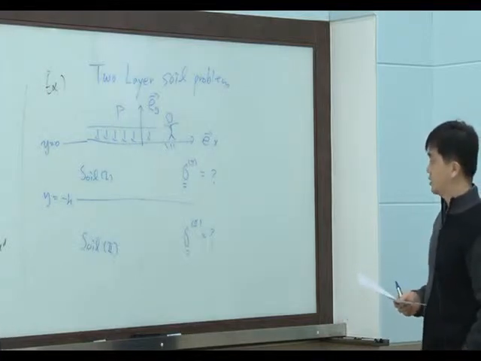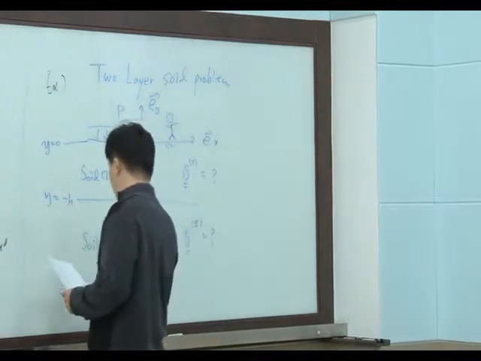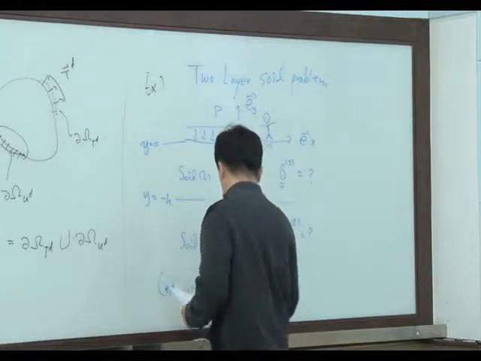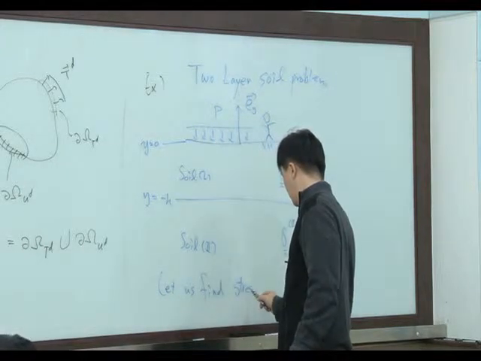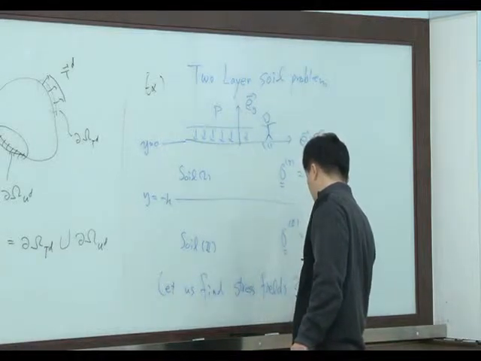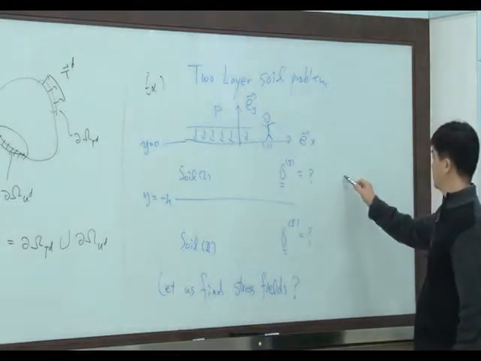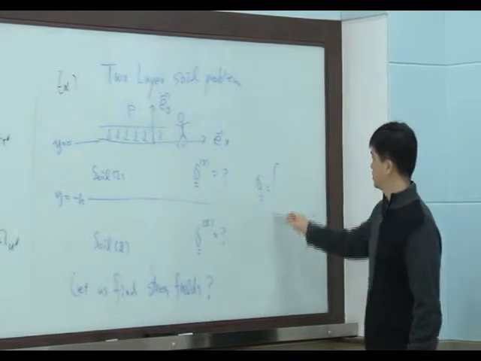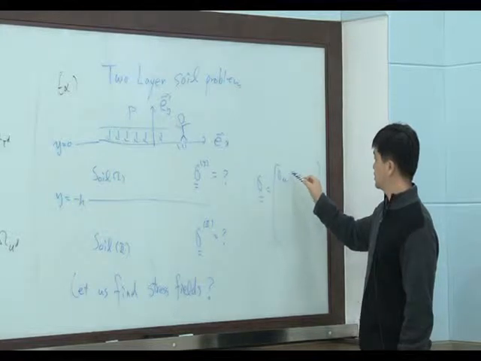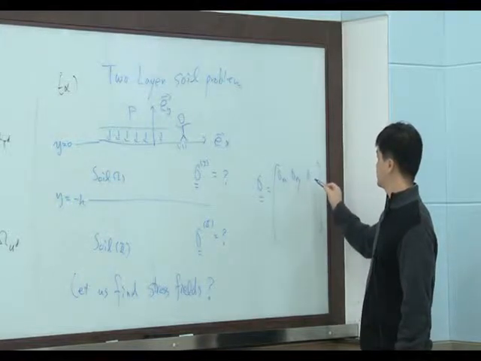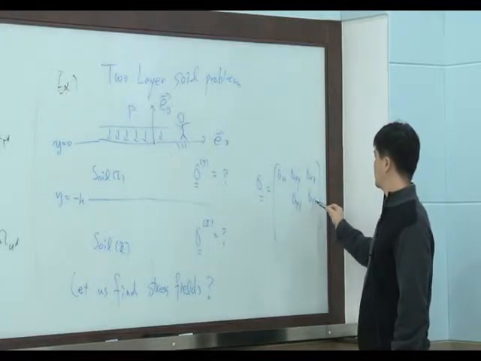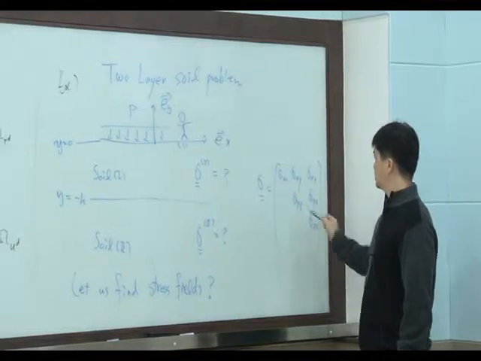Okay, then let's find the stress field. This is what we want. You know about the stress field, right? It has 9 components: sigma_xx, sigma_xy, sigma_xz, sigma_yy, sigma_yz, sigma_zz. But it is symmetric.